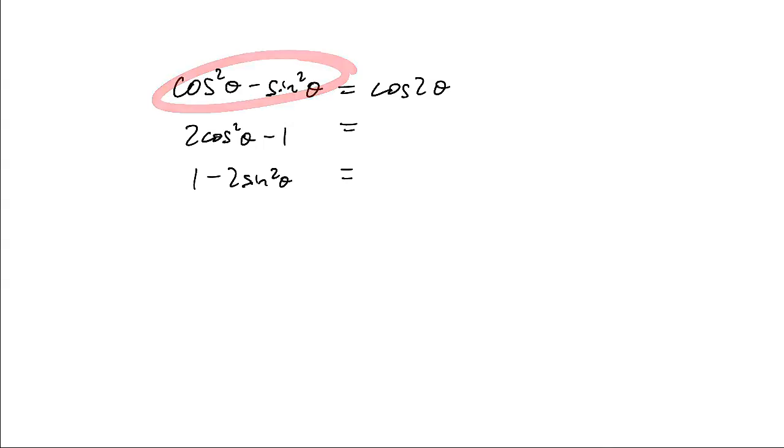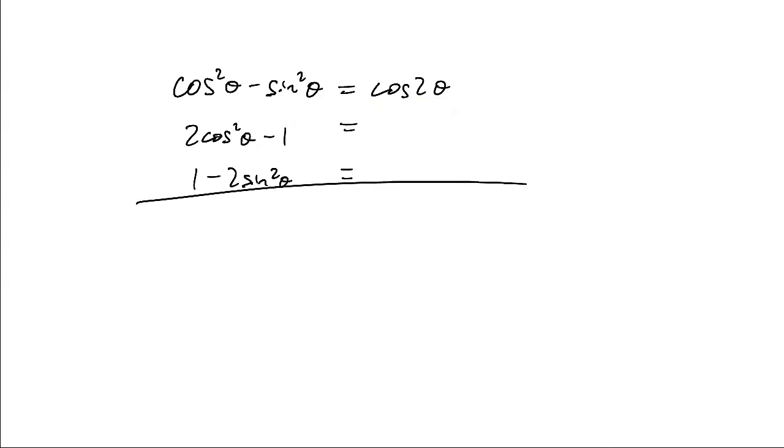This first one is the one you will more commonly see if you need to rewrite it as cosine of 2 theta. The other extremely useful fact is that sine 2 theta is equal to 2 sine theta cosine theta, or I can rewrite it the other way around. This is true as well. Either way makes no difference, but these double angle identities are going to be useful through this unit. Hint, hint, wink, wink. Make sure you know that.